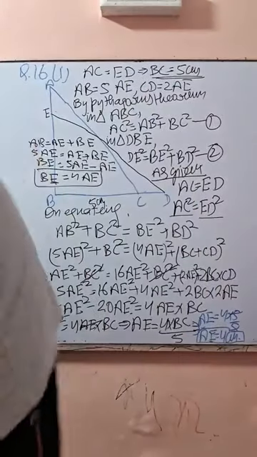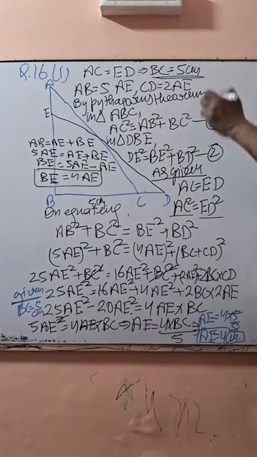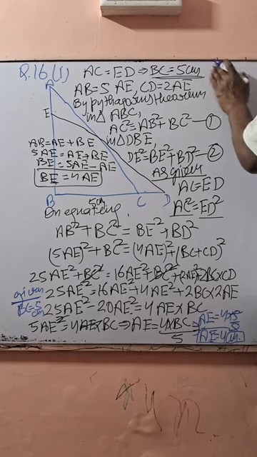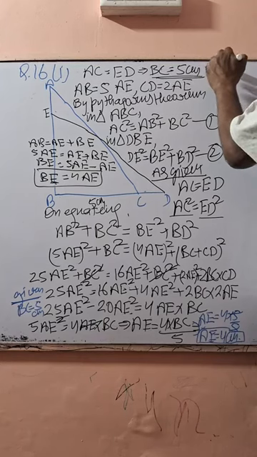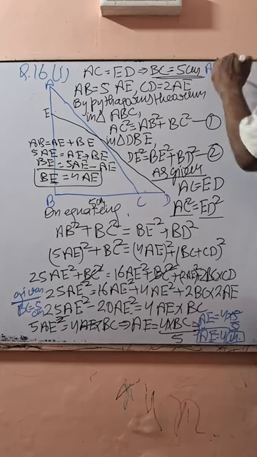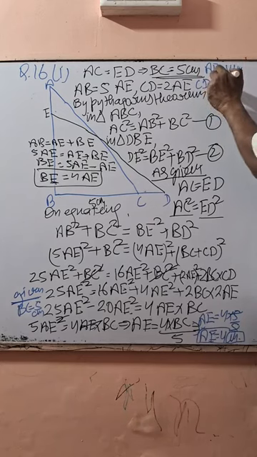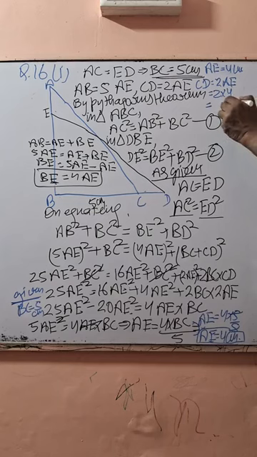Now AE is equal to 4 centimeter. Then we have to find CD. If AE is equal to 4 centimeter, CD is equal to 2AE. It becomes 2 into 4, which is 8 centimeter.